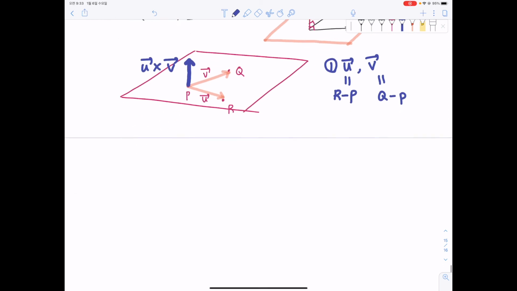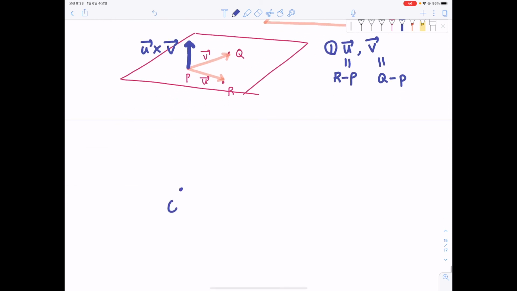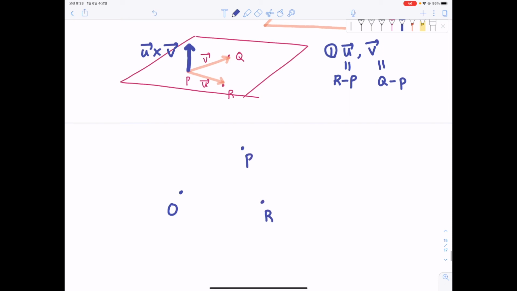I mean, let's say that there is a 0 origin, and there is a p, and there is an r here. If we want to find the vector from p to r, like this, then you can find this vector by using the OP vector and OR vector.